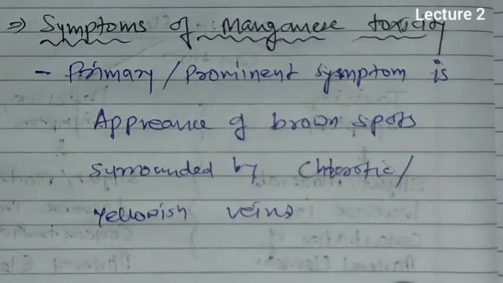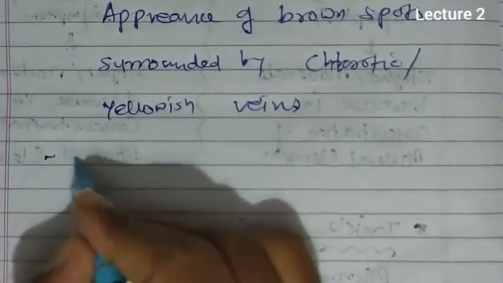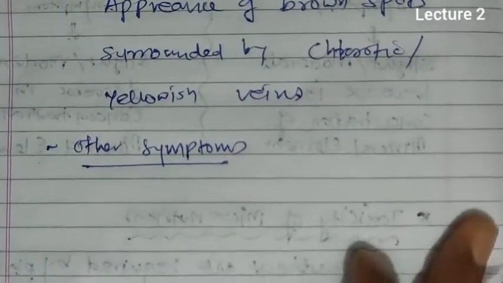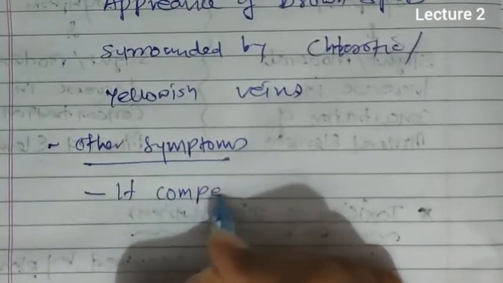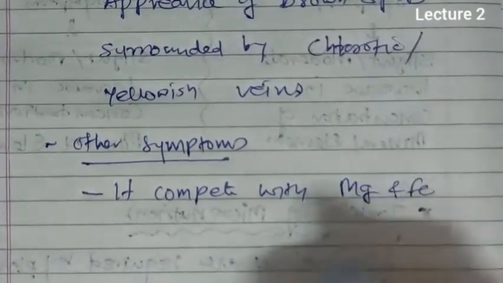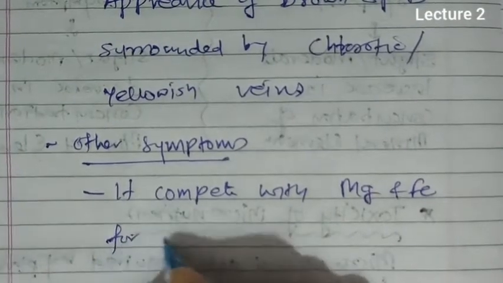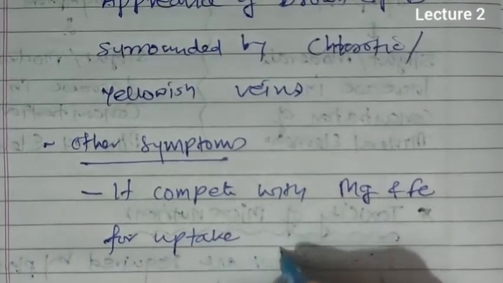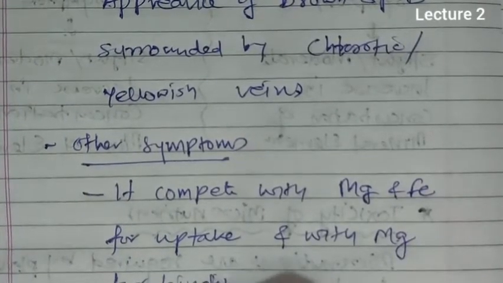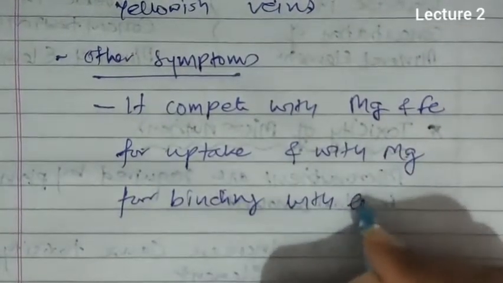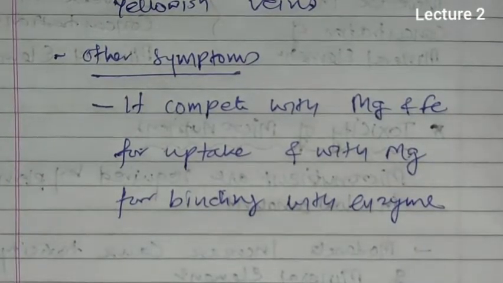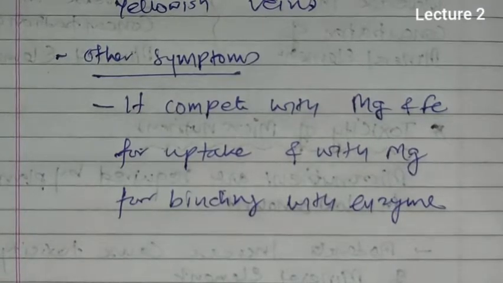Brown spot is a prominent symptom, but other symptoms include that manganese competes with magnesium and iron for uptake, meaning absorption, and with magnesium for binding with enzymes. So manganese is competing with magnesium and iron for absorption, and it also competes with magnesium for binding with the enzyme.